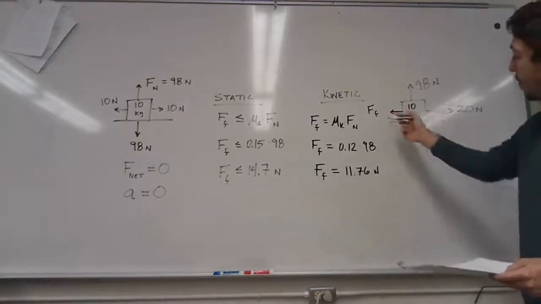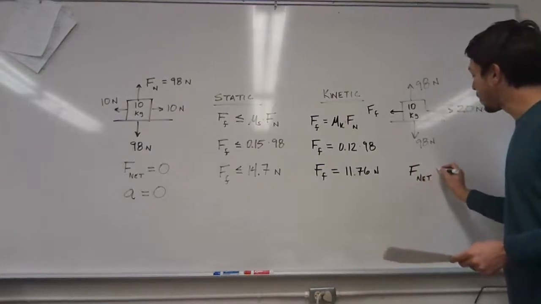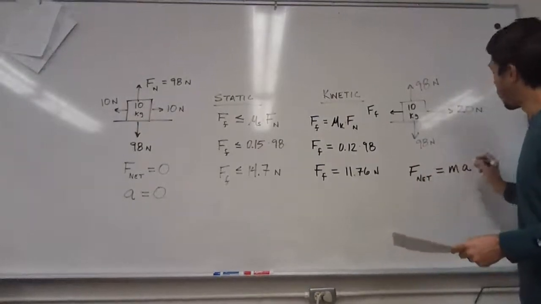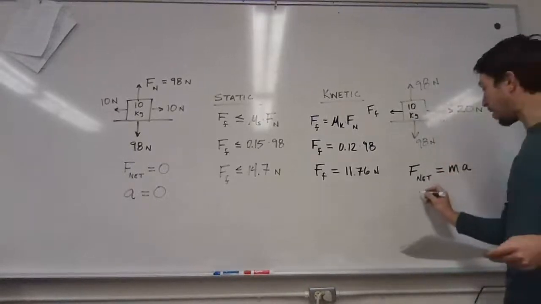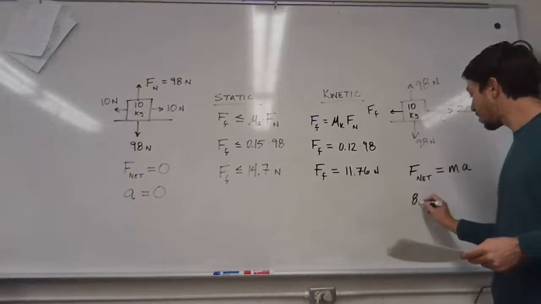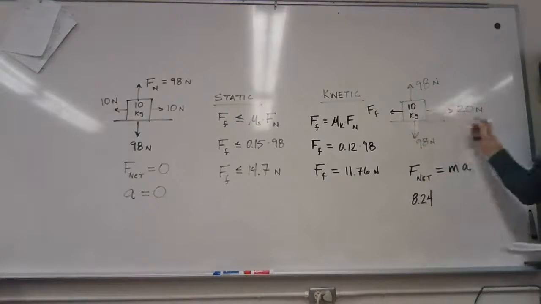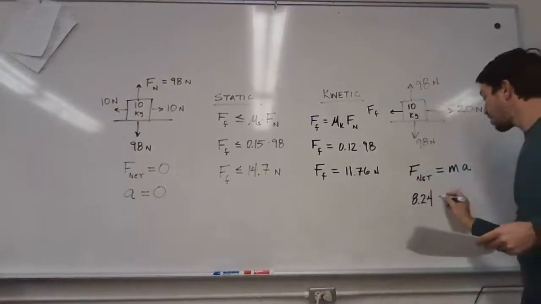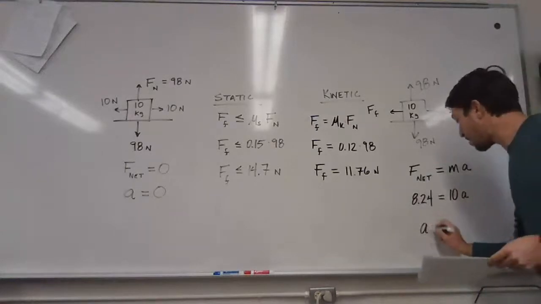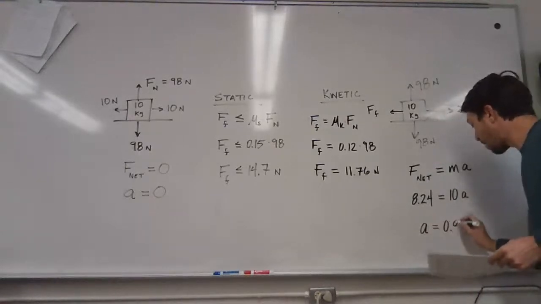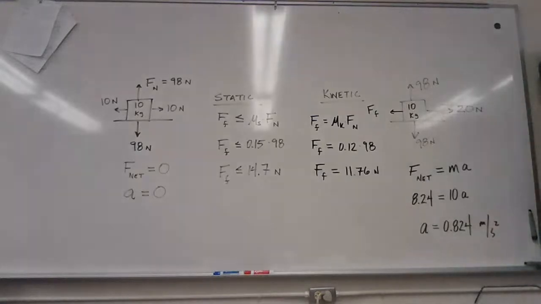Now if I write F net equals ma, what's the net force? Everyone understand that? Because it's just this minus the friction. So 20 minus 11.76, and the mass was 10. If I solve for acceleration, I get a pretty small number, 0.824 meters per second squared. There we go.